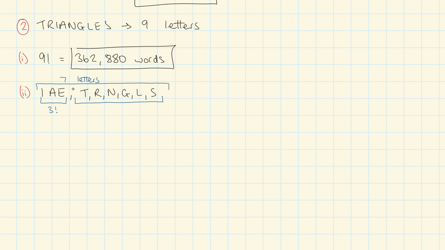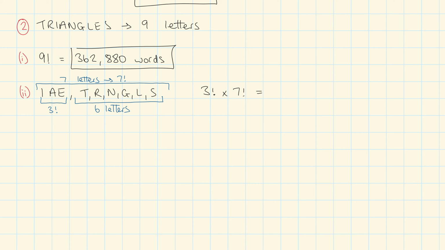Because if the vowels are going to be together, if they have to be after each other, then they come as a block. So we consider that 1 letter. We just have 3 different ways of arranging them. So this here then will give me 7 factorial.